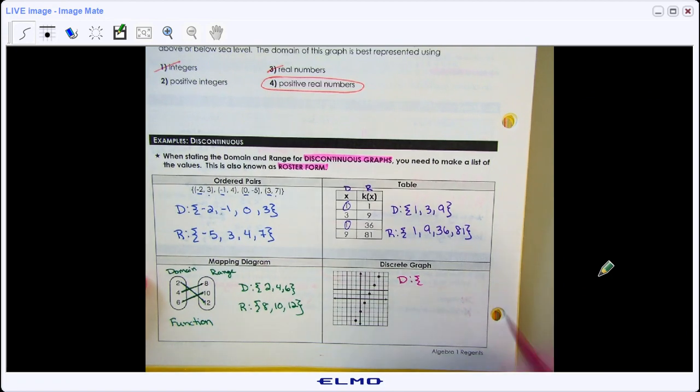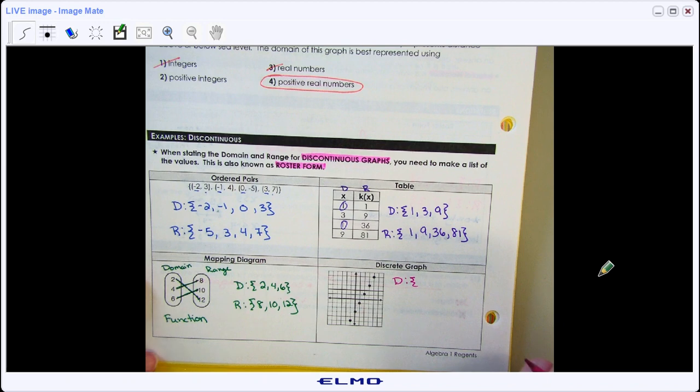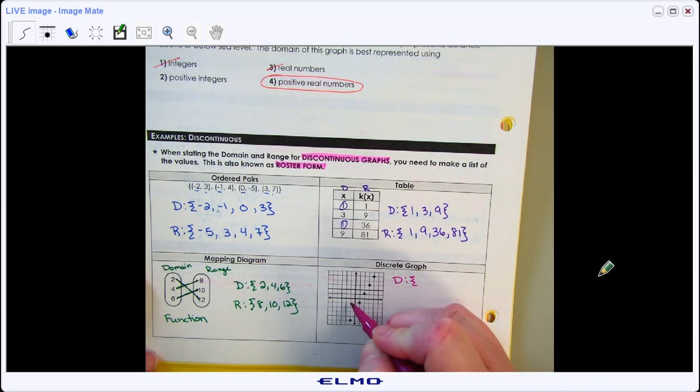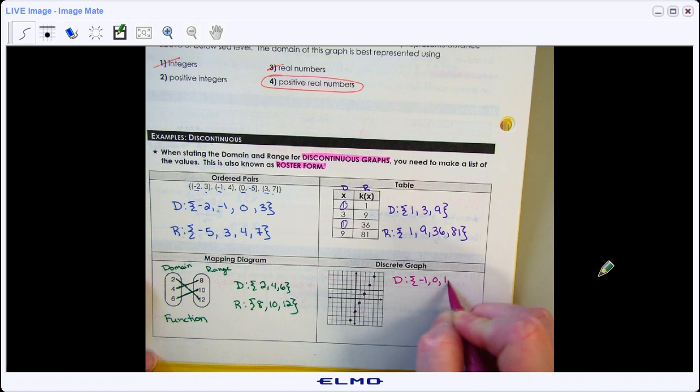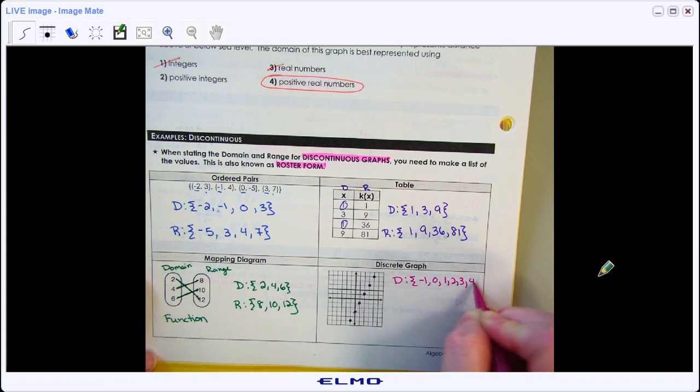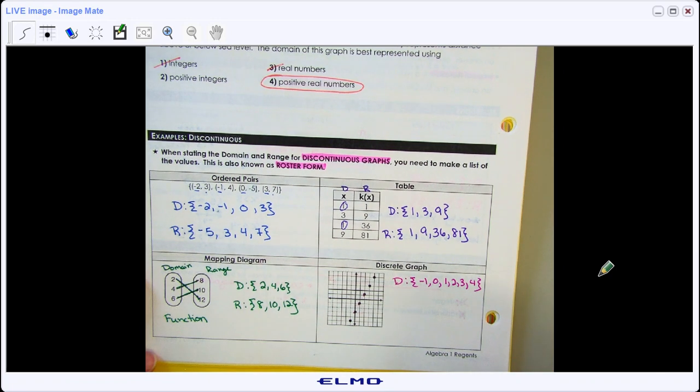So looking at a graph, these are just the graph of points. What we have to look at is where they are all on the x. So this is -1, 0, 1, 2, 3, 4, if I'm looking along my x-axis. So I'm going to list -1, 0, 1, 2, 3, and 4.